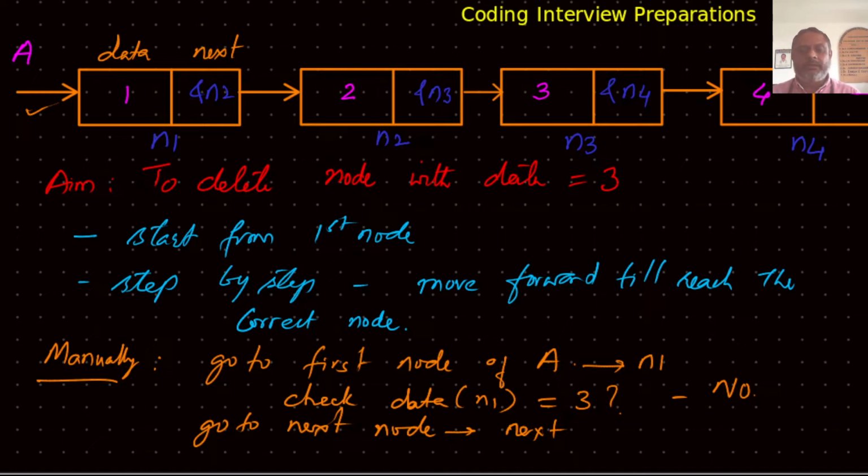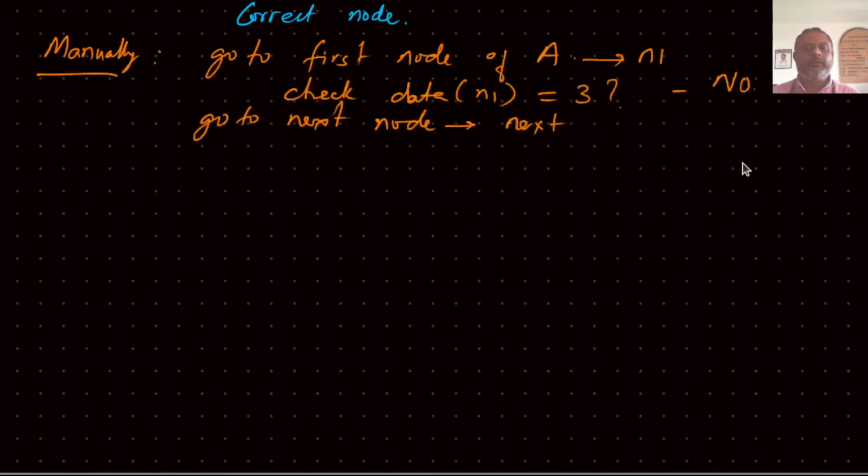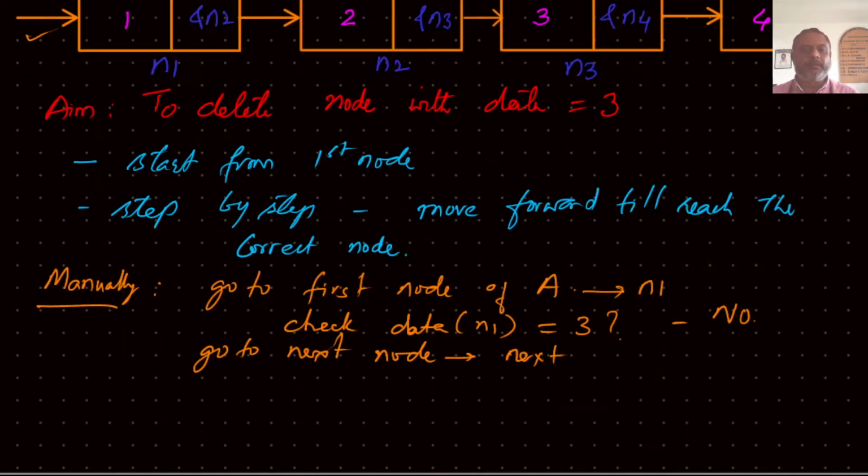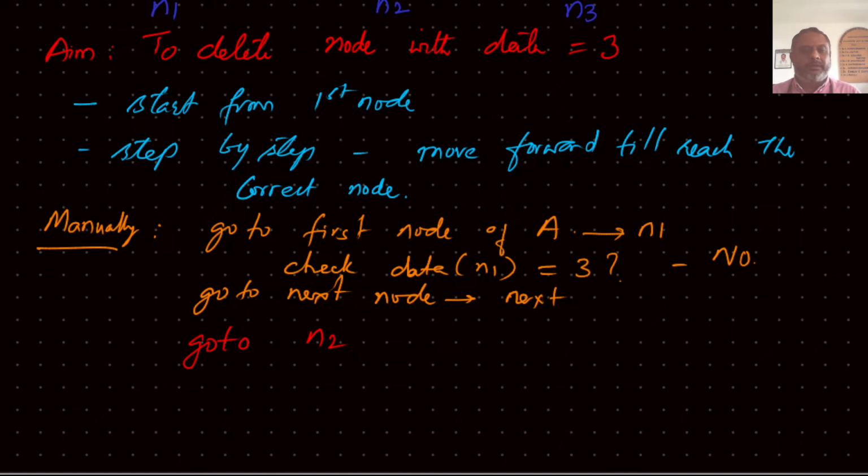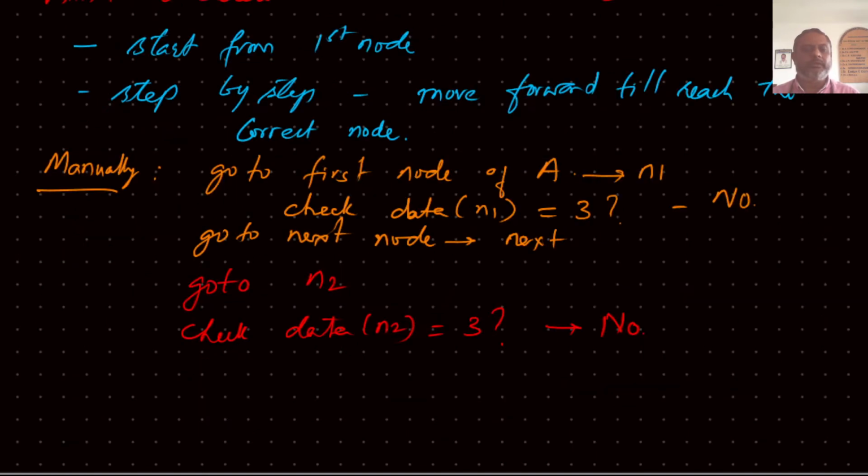Okay, so we go to N2, and then check whether data in node 2 is 3, and the answer is again no. Then go to the next node.